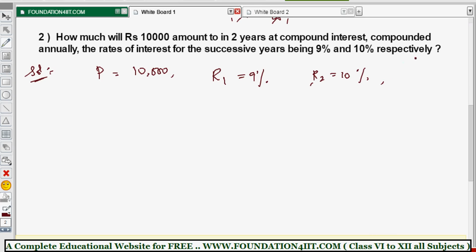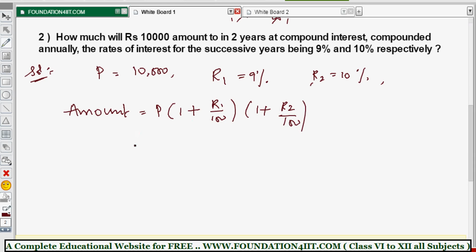There is no need of taking the n value here, because of the formula I explained in the previous video. Amount equals P into (1 plus R1 by 100) into (1 plus R2 by 100), only for 2 successive years. Substituting, P is 10,000, 1 plus 9 by 100, 1 plus 10 by 100.